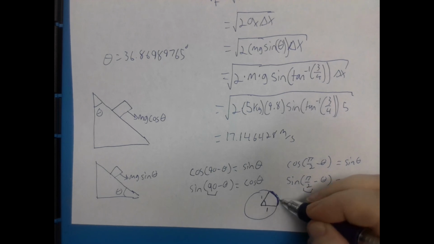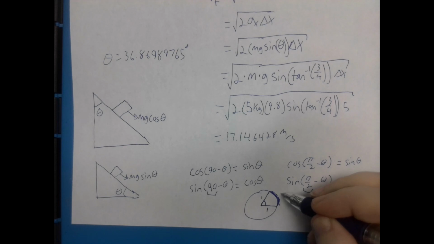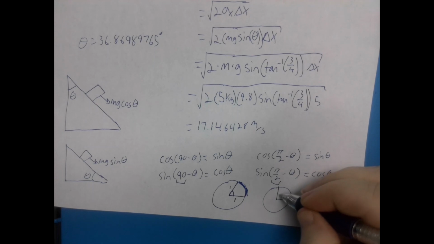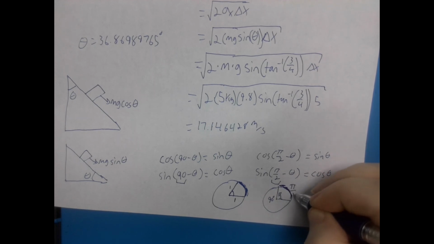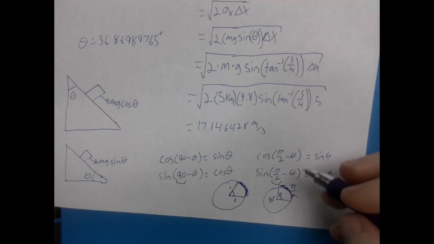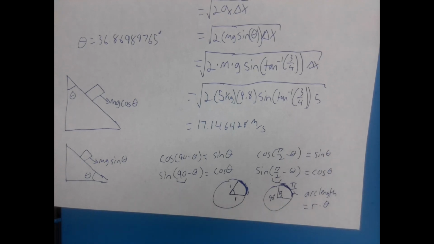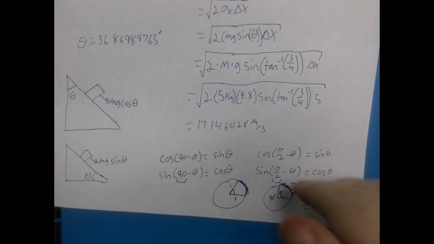So for example, 90 degrees is this. So if this was a pi over 2 angle, 90 degrees, so pi over 2 radians, the distance right here on a unit circle is equal to pi over 2. So we get that the arc length is equal to r times theta, where theta is in radians. That's the reason why we can directly use theta as a real number instead of an angle.